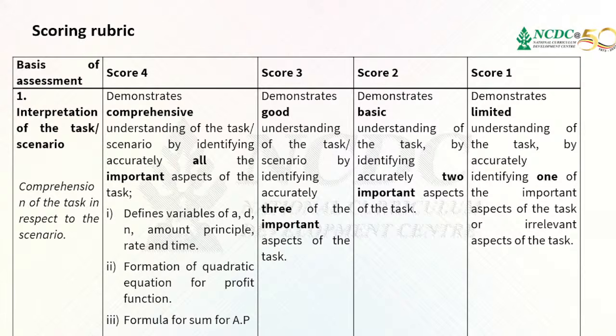The good candidate, who is the second best, and that one will score 3, will demonstrate good understanding of the task by identifying accurately 3 of the 4 important aspects of the task, and we keep referring to the 4 important aspects that we listed in the column of score 4.